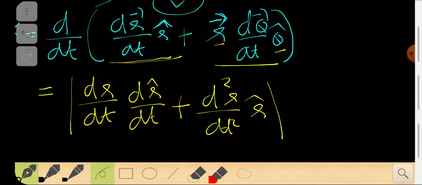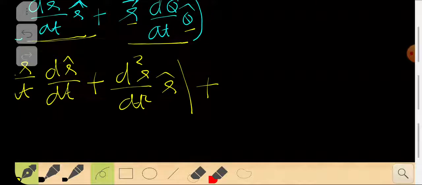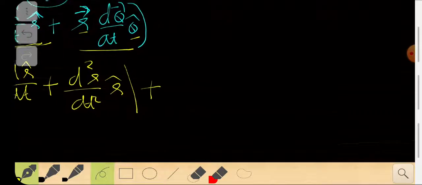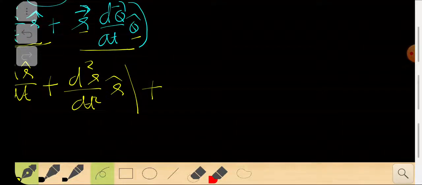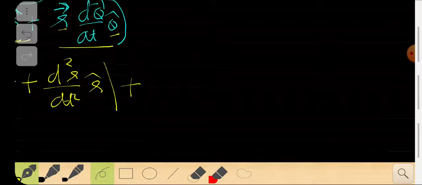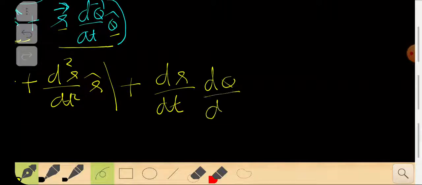Plus the second part, where we have three functions. This is going to get a little bit messy, so look closely. In the second part you will have r, the first function, so I take dr by dt, which is a vector, and write down the rest as it is.